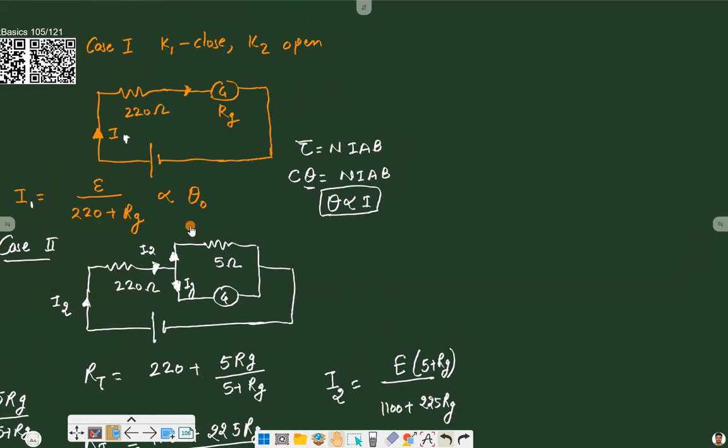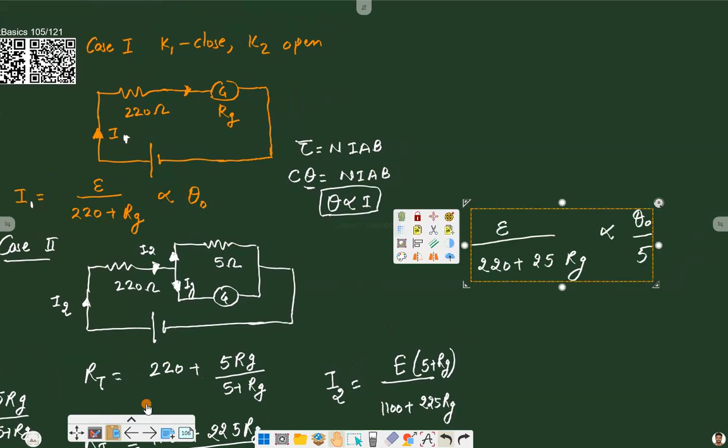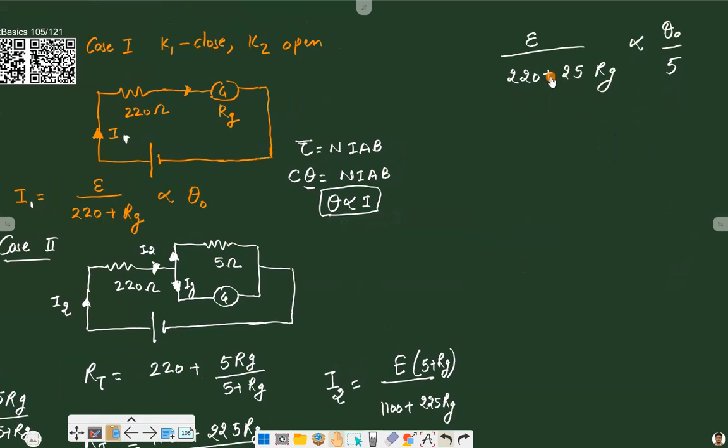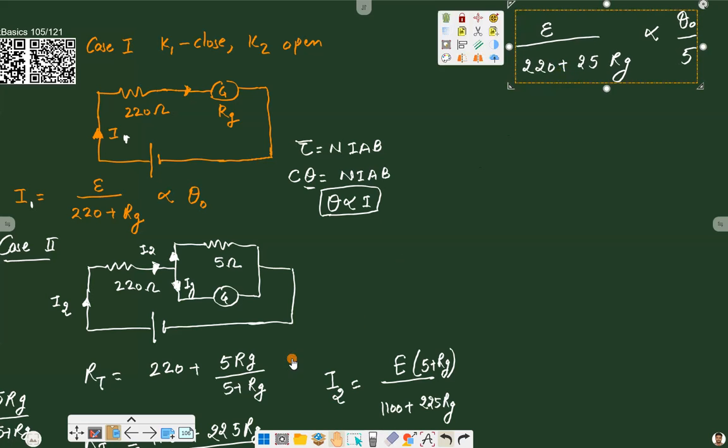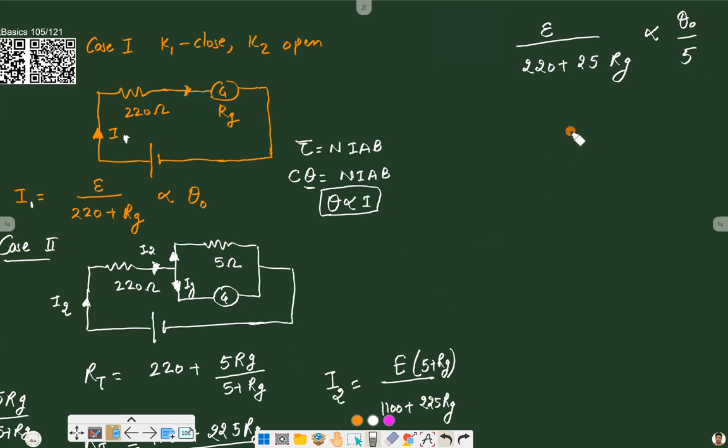Here we have this value that is proportional to theta naught, and we just solved another value that is proportional to theta naught by 5. So we also write that E by 220 plus Rg is proportional to theta naught. Now let's divide both of these equations and see what we have.